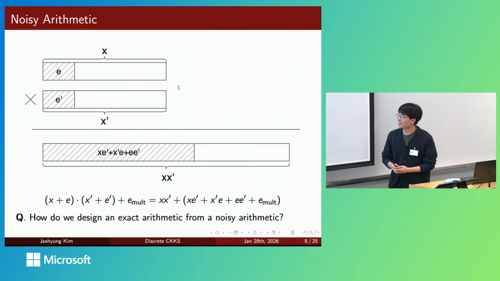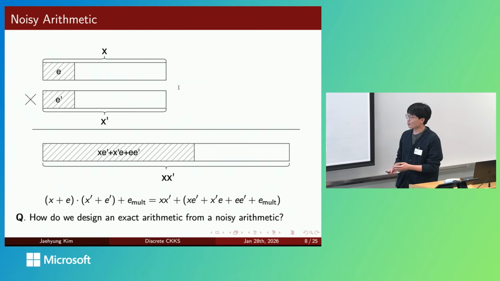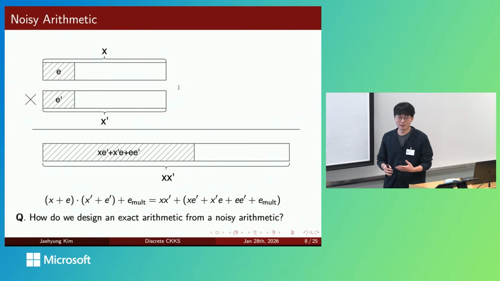Okay, so let me now start the math. I want to keep this very high level, and give you intuition on what is going on with these different schemes, and especially what discrete CKKS is doing. I'm going to use an abstraction where I regard lattice arithmetic as just noisy integer computations.